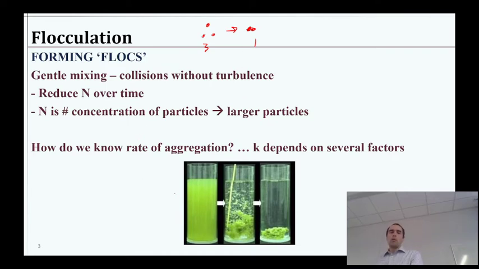Okay, so the question then becomes, if we've got this milky substance and we want to cause that flocculation as we see here so that we can do the sedimentation, how long is it going to take? How big of a reactor do we need? What is this rate constant going to look like? And that rate constant is going to be a function of a few things. This is going to be the mixing, something about the mixing intensity.